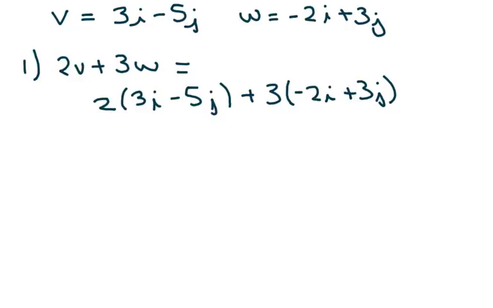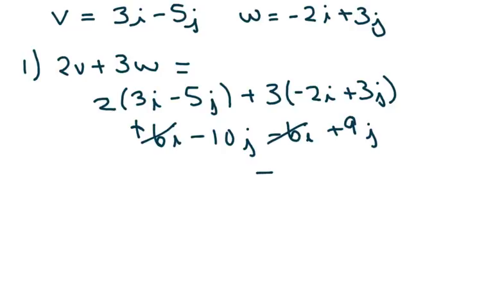Wait, this is 3v. No, we're on the wrong one. So this would be 6i minus 10j minus 6i plus 9j. This is plus. So these two cancel, and you just get negative j. Okay, and just remember these are our 2 vectors.